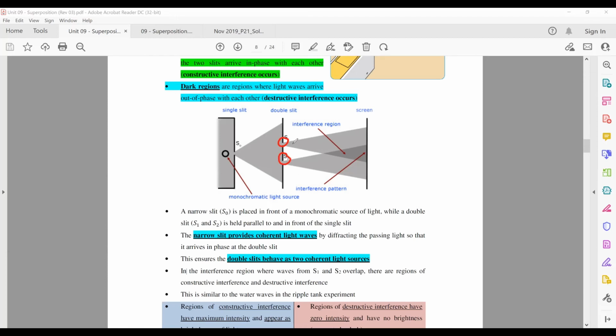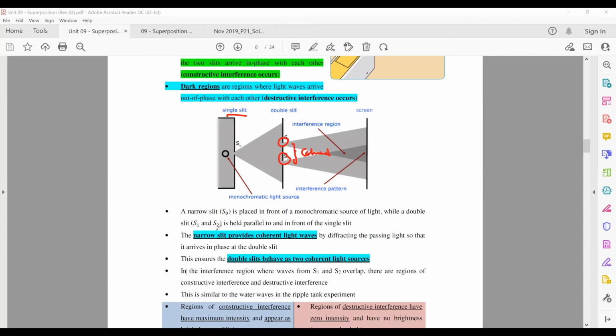So you need to make sure that these two sources are coherent. The waves that they produce have the same frequency and the same phase difference. One of the ways of doing that is to use a single slit before you shine light through it.